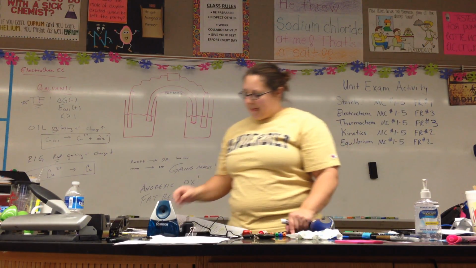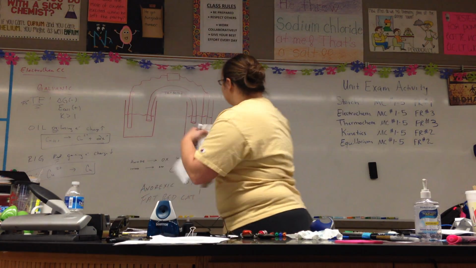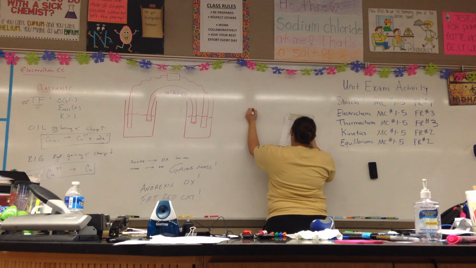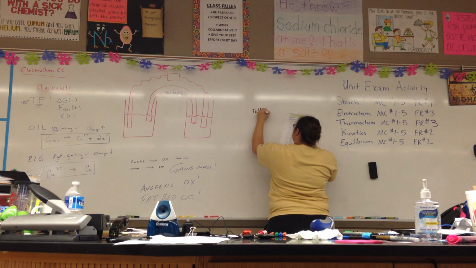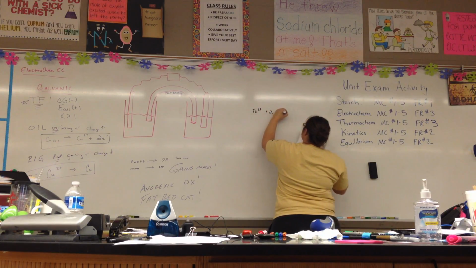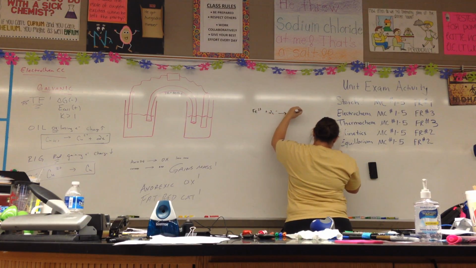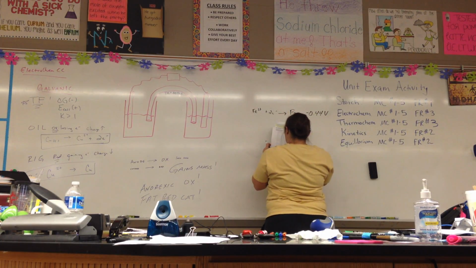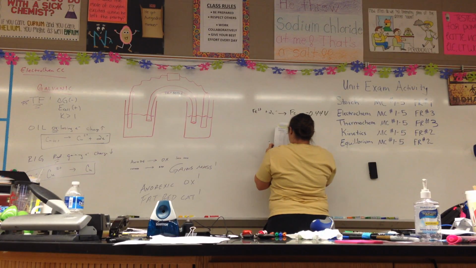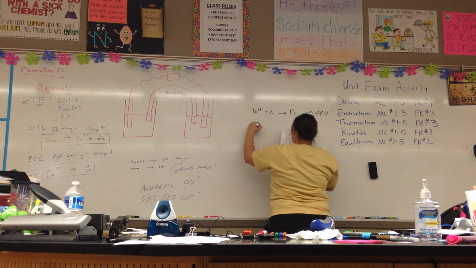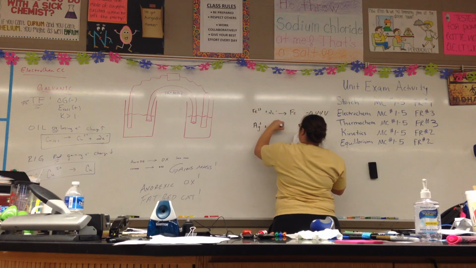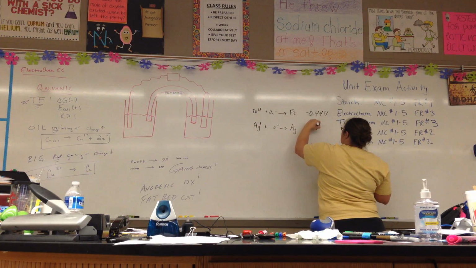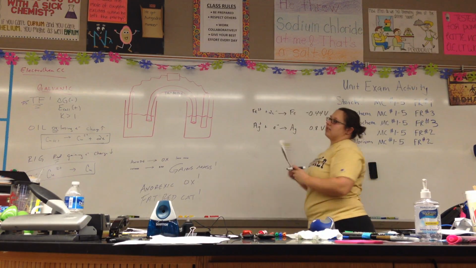How do we know? All right, so I'm going to give you an example. We have Fe2+ plus 2 electrons goes to iron solid, and that has an E cell of negative 0.44 volts. And we have silver plus 1 electron goes to silver solid, and that has an E cell value of 0.8 volts.